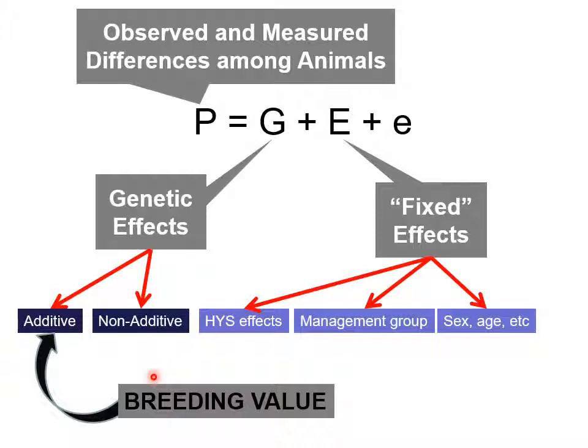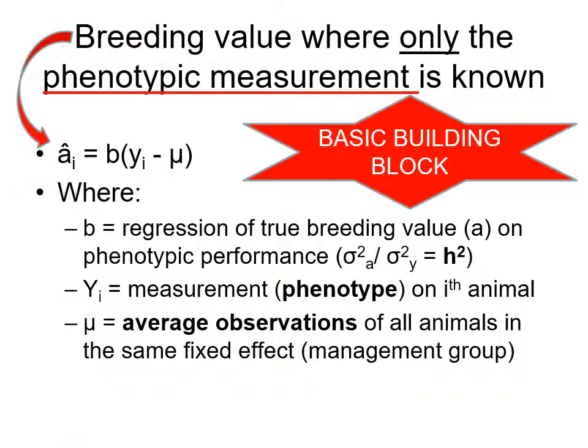So if we construct these models, I would like to isolate the additive effect, because that would be the value of the animal as a parent. And our models need to take all these other effects into consideration so that we end up only with the additive effect in the end.